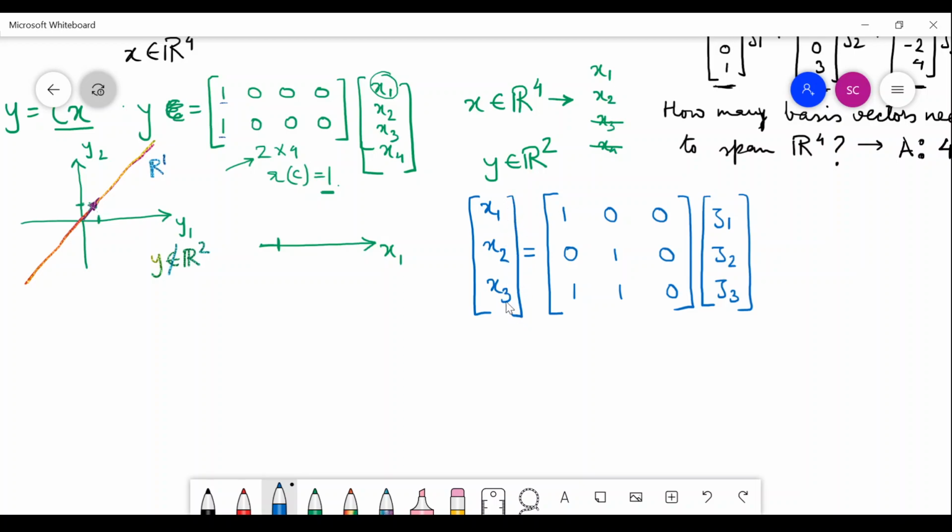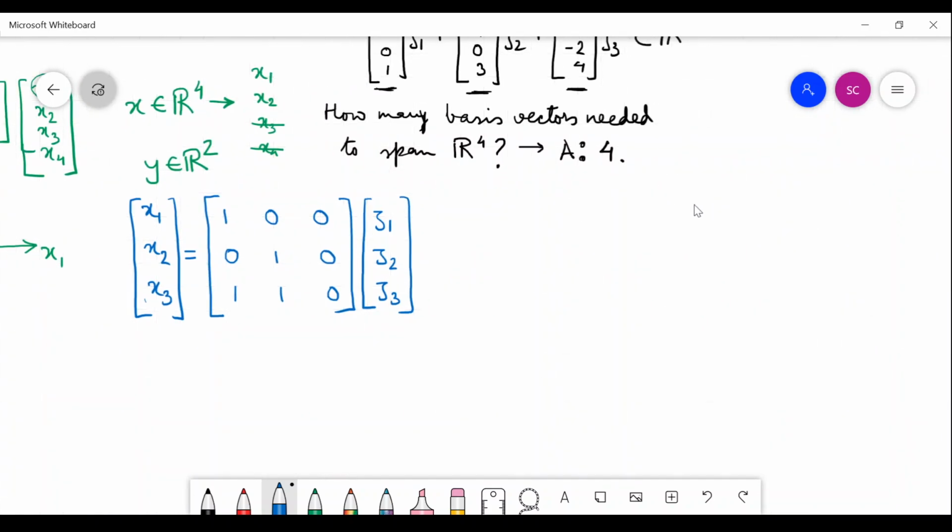Though we are representing with 3 elements, what we would see is that the third element is a linear combination of the first 2 elements. How the diagram would look, you see, is a Z1, Z2, Z3. So you have some Z1 and Z2, and that is same as X1 and X2.